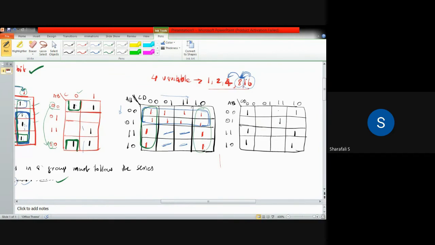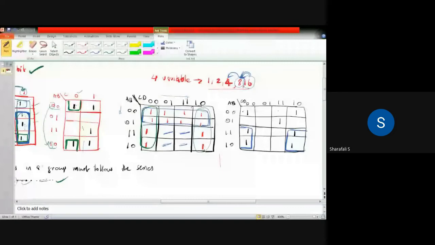At first look, you may not observe the 4 cells. But we can see a grouping like this. These are the cells at the edges, and these also are at the edges.